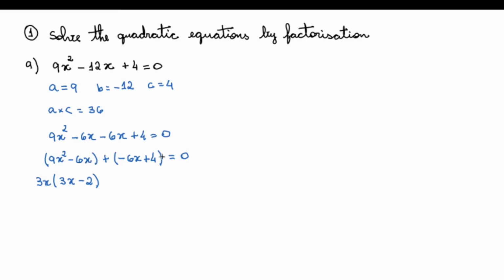From the second pair, we factor out minus 2, and then divide minus 6x plus 4 by minus 2. It gives 3x minus 2. Now we see that 3x minus 2 is a common factor of both terms.